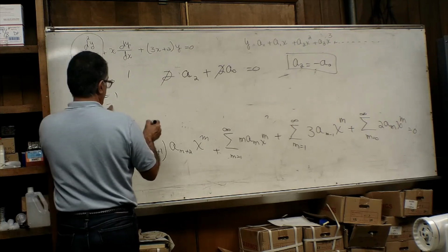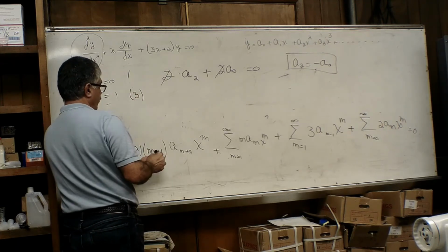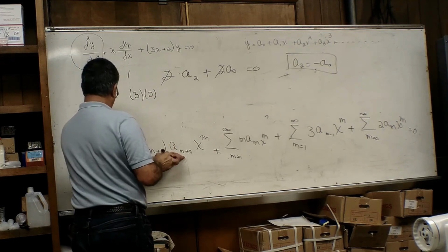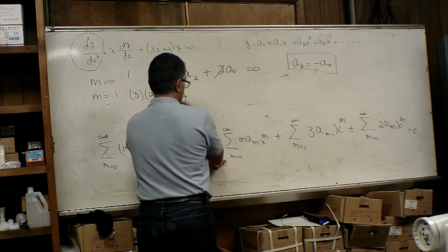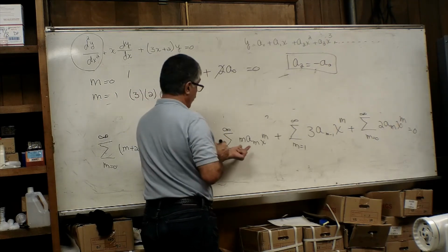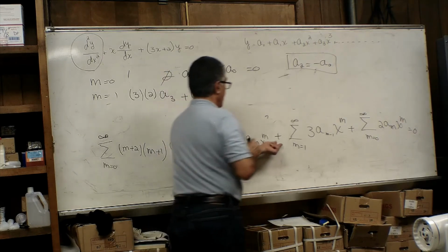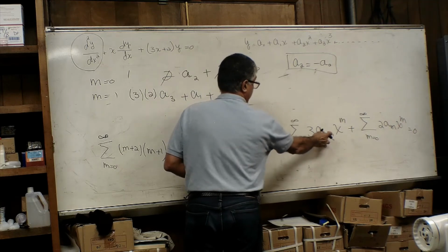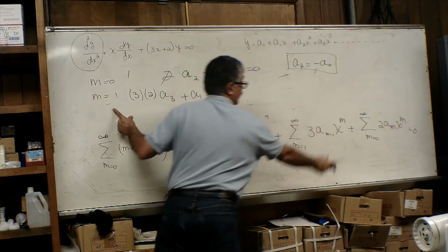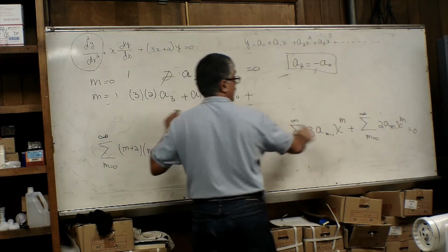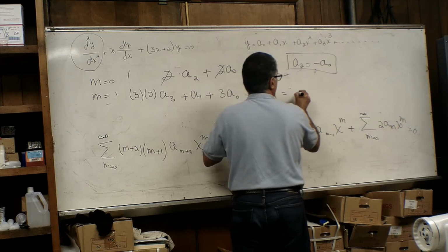So on this one, for m equal to 1, we are going to have 1 plus 2, which is 3, multiplied by 1 plus 1, which is 2, multiplied by A3, plus m equal to 1 plus 1 multiplied by A1 plus, m is 1, so plus 3 multiplied by A0, 1 minus 1 is 0, plus 2 plus 2A1 equal to 0.